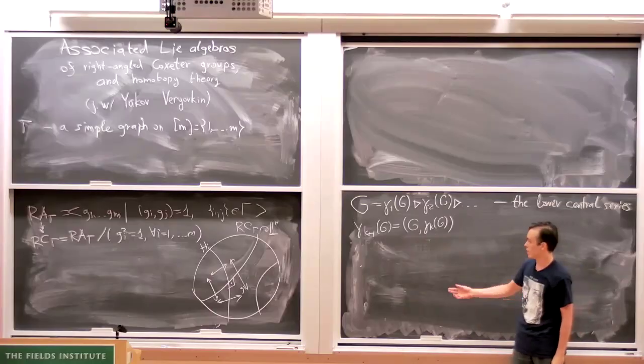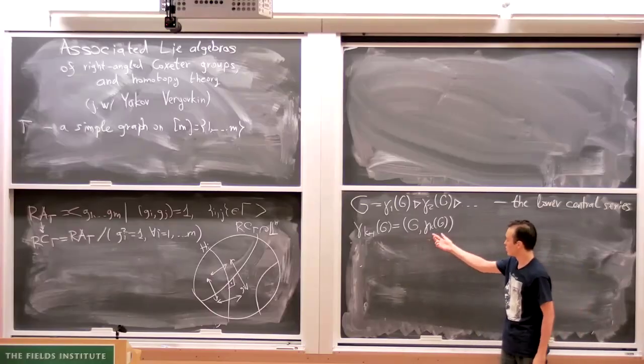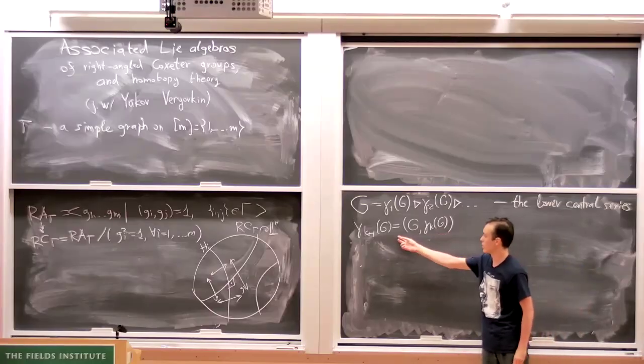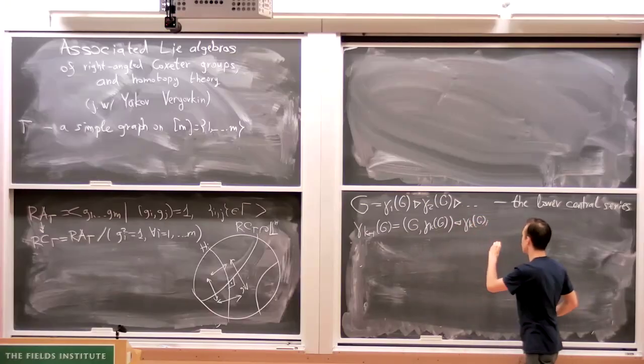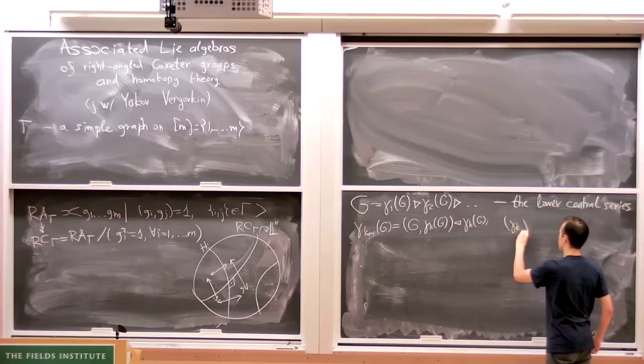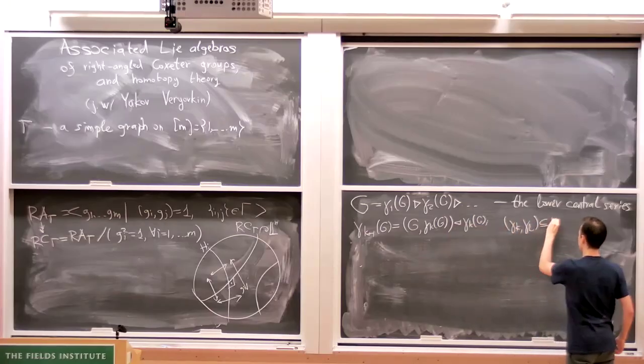It turns out that these groups are normal in each other: gamma k+1 is a normal subgroup of gamma k. And moreover, the commutator of gamma k and gamma l belongs to gamma k+l.